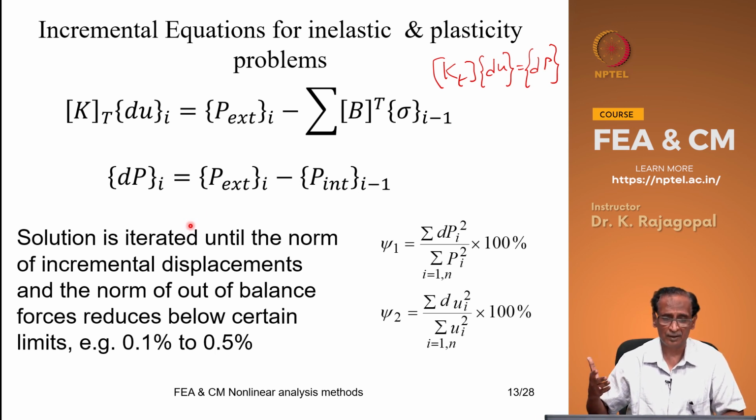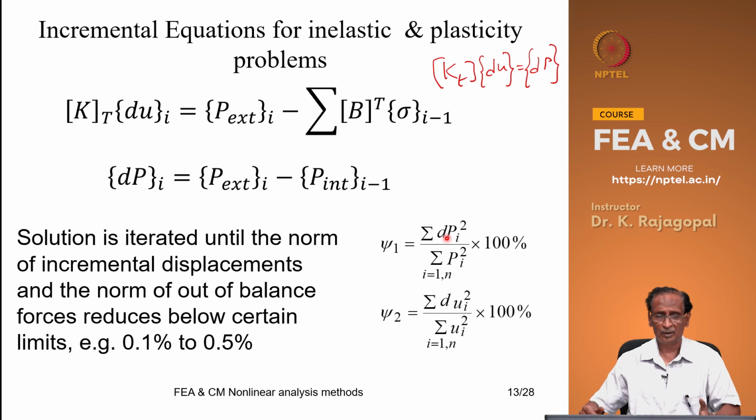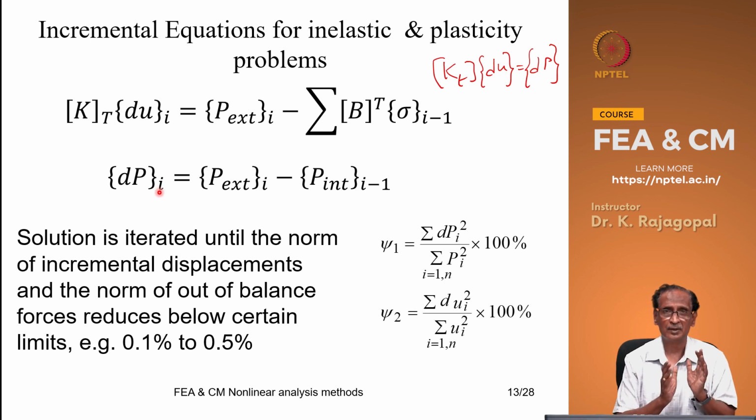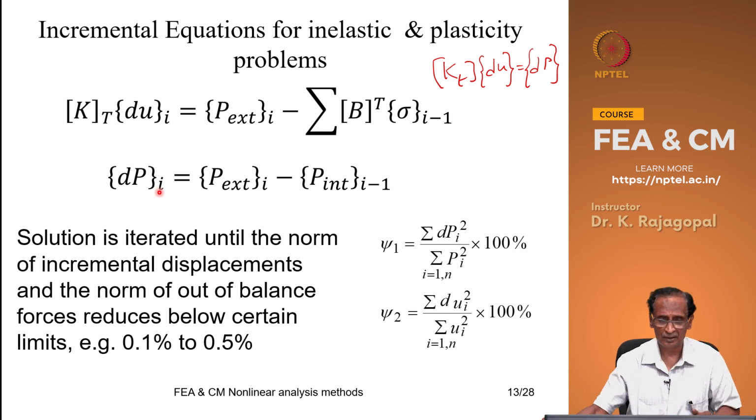Okay. And we need to repeat the solution several times until our P external and P internal are nearly the same. And we monitor that in several ways. One is by monitoring the out of balance force. The dP, we can call it the out of balance force, that is the difference between the external force and the internal force. And we are not going to do this at each and every degree of freedom.